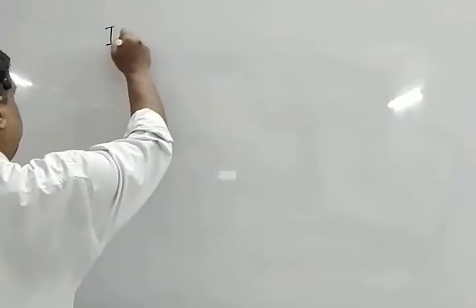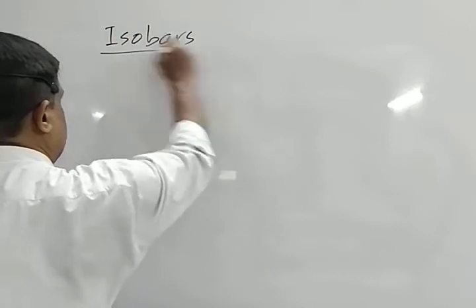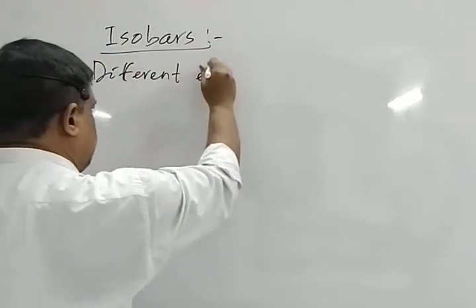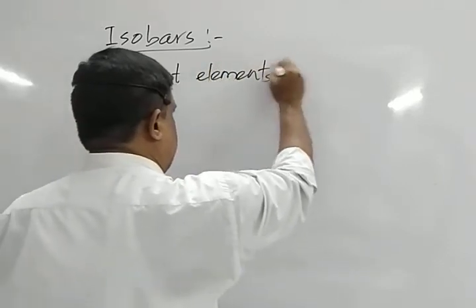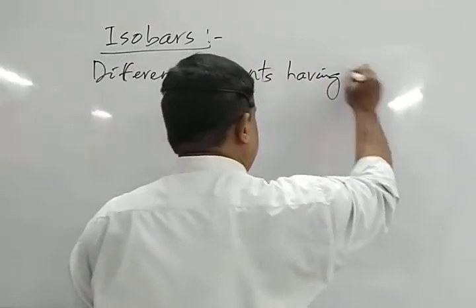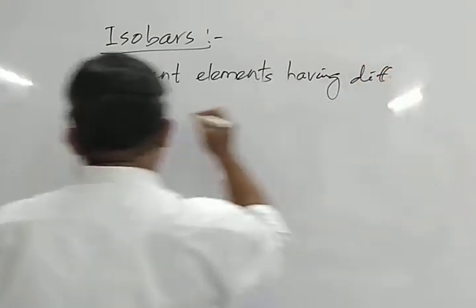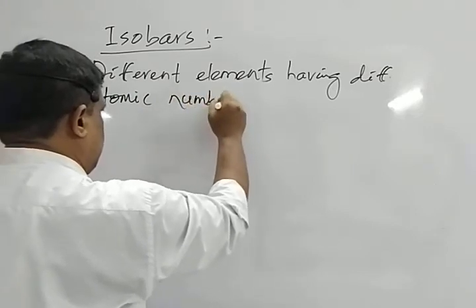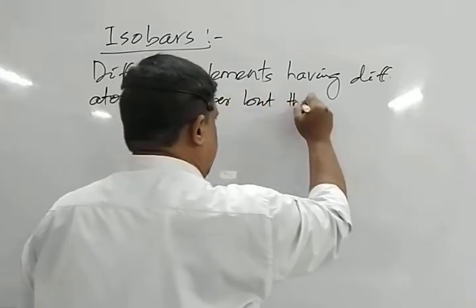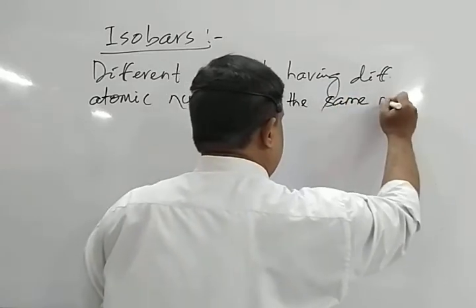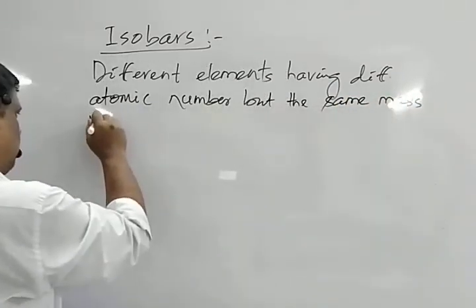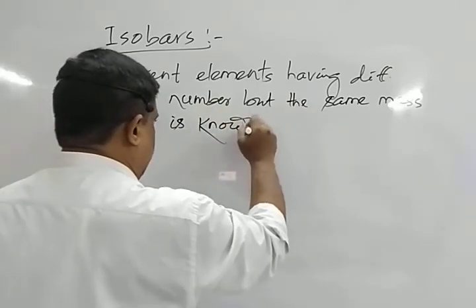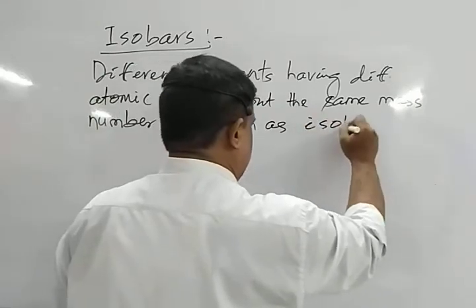Isobar: different elements having different atomic number, but the same mass number, are known as isobars.